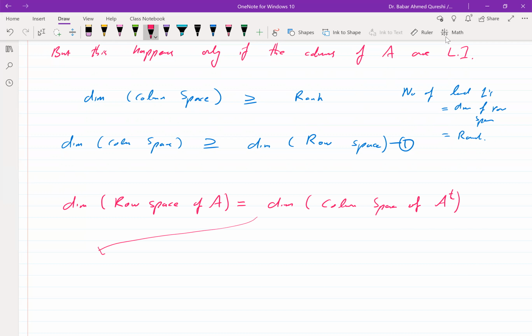But from here, I now use this result: it is greater than or equal to the dimension of row space of A transpose.